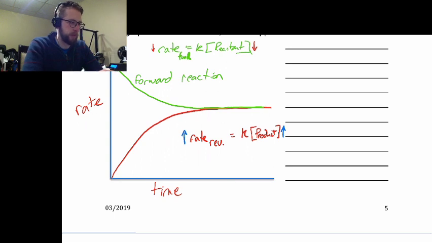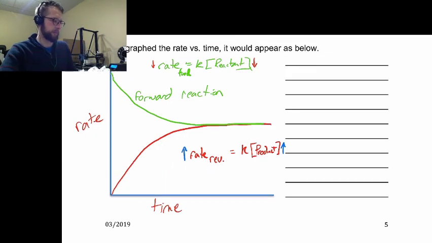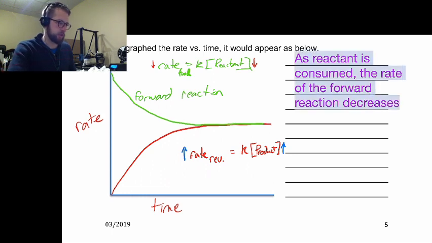So let's write that out in a little text box here. As reactant is consumed, the rate of the forward reaction decreases. And I'm going to put that all in green to match.